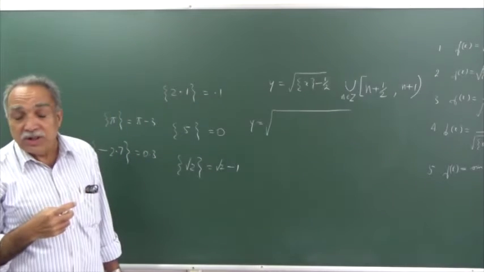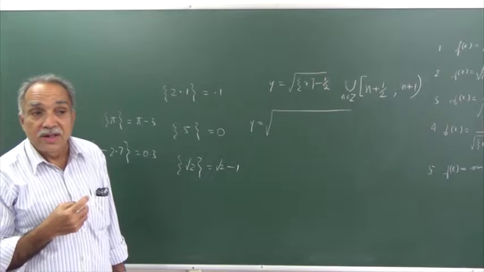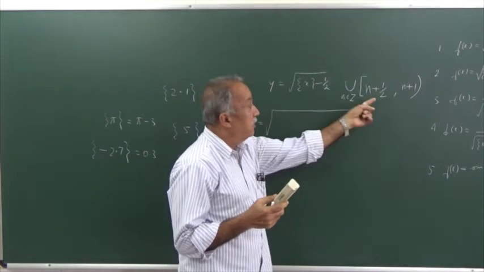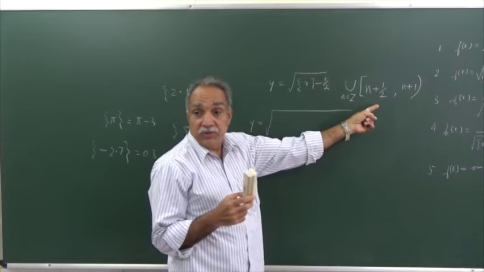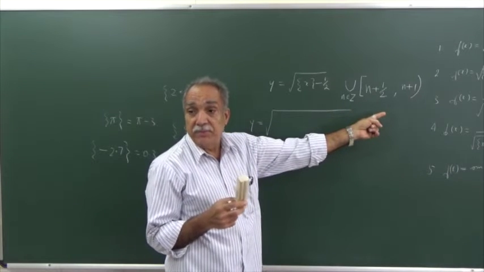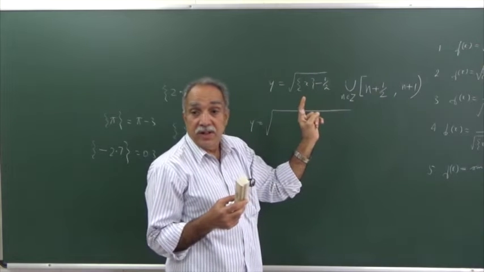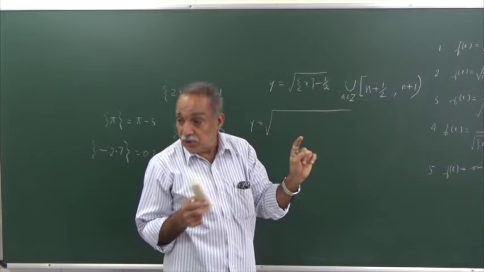What about range? What values are taken by fractional part x for numbers like this? Fractional part will be a number between half and 1. Subtract half from it. Difference will be a number between 0 and half.